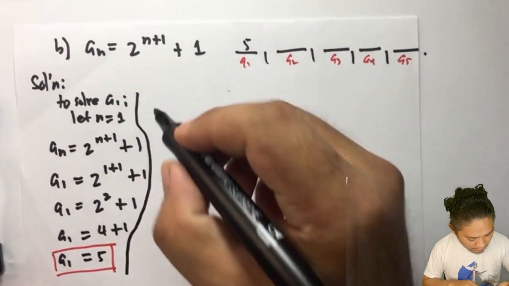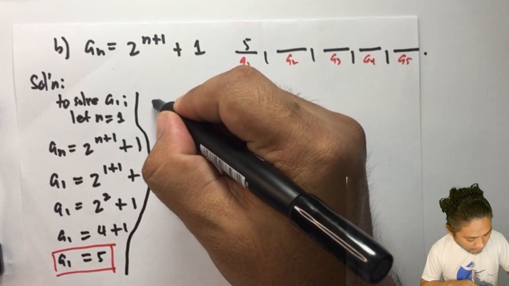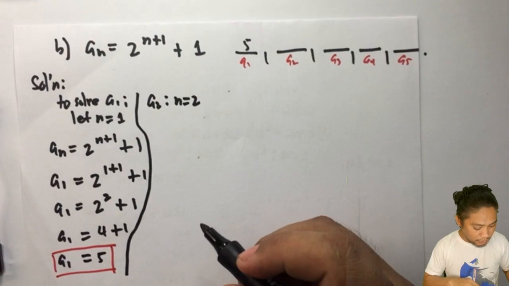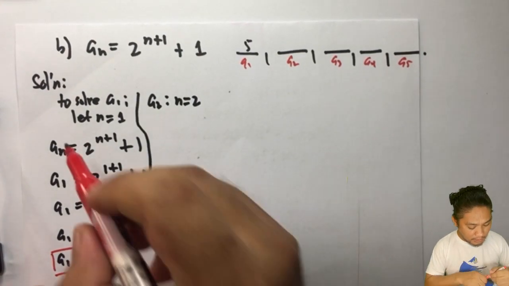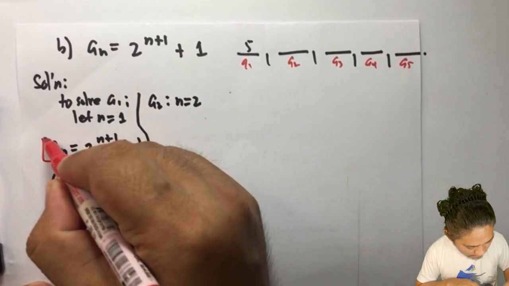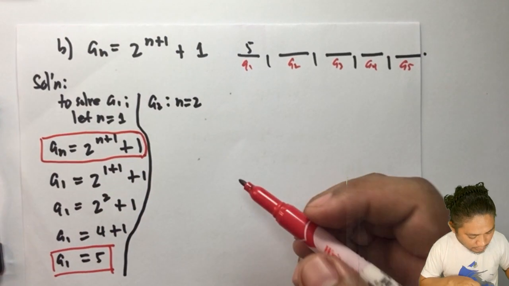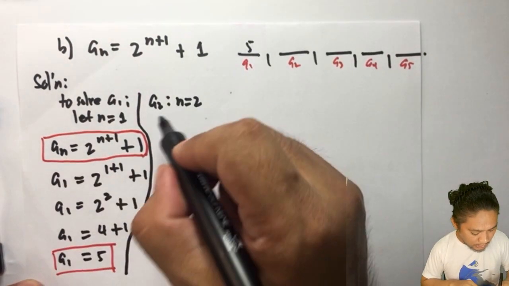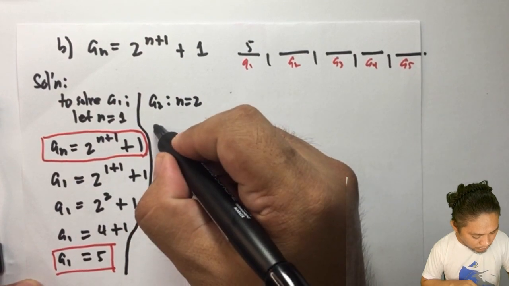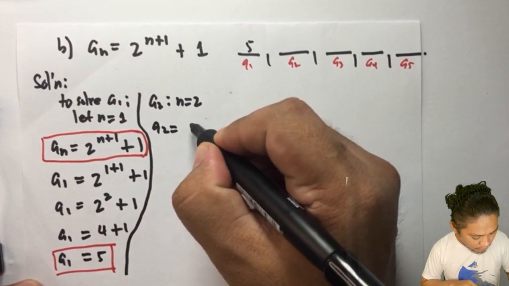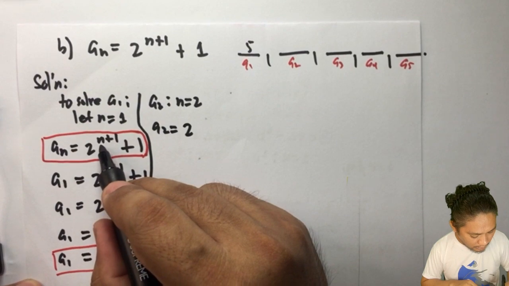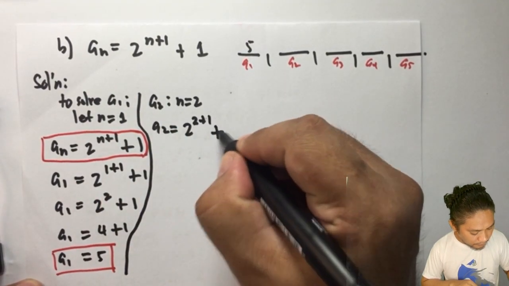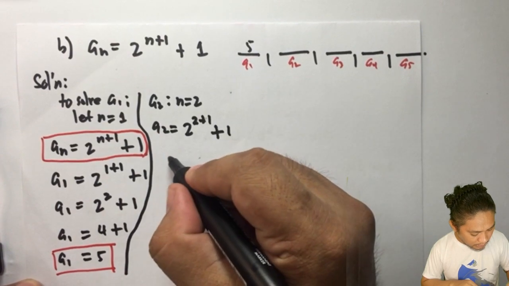Proceed to the next term. To solve for a sub 2, we let n be 2. So using this expression, we are going to substitute n by 2. So a sub 2 equals 2 raised to 2 plus 1, then copy the plus 1.